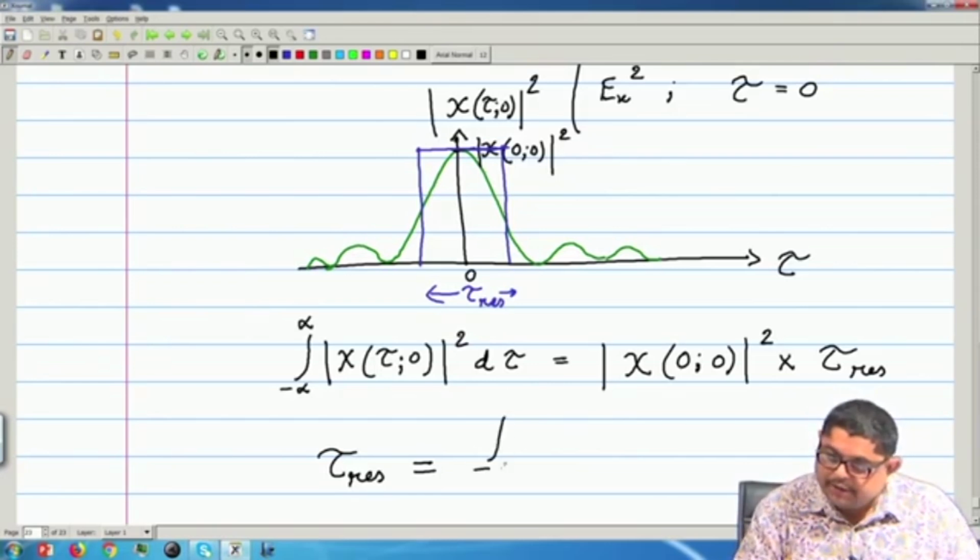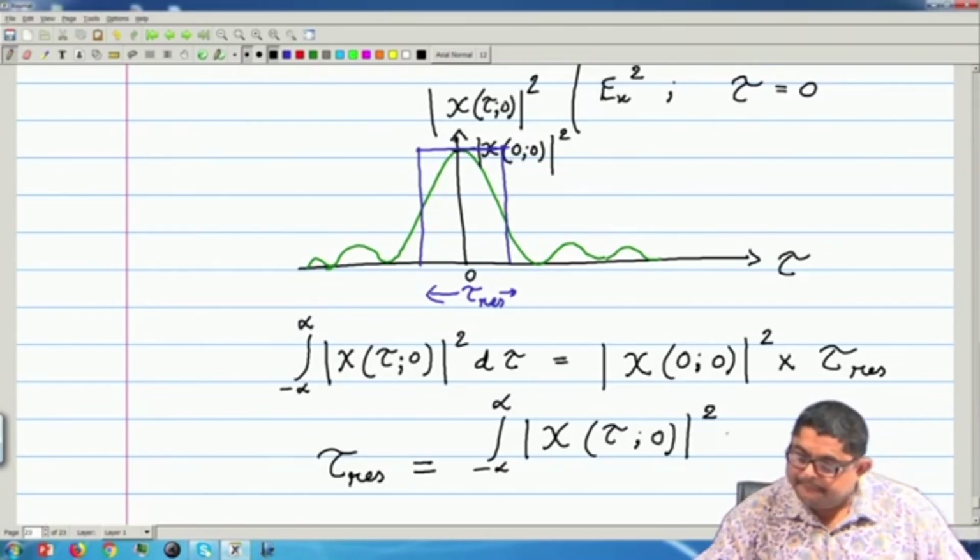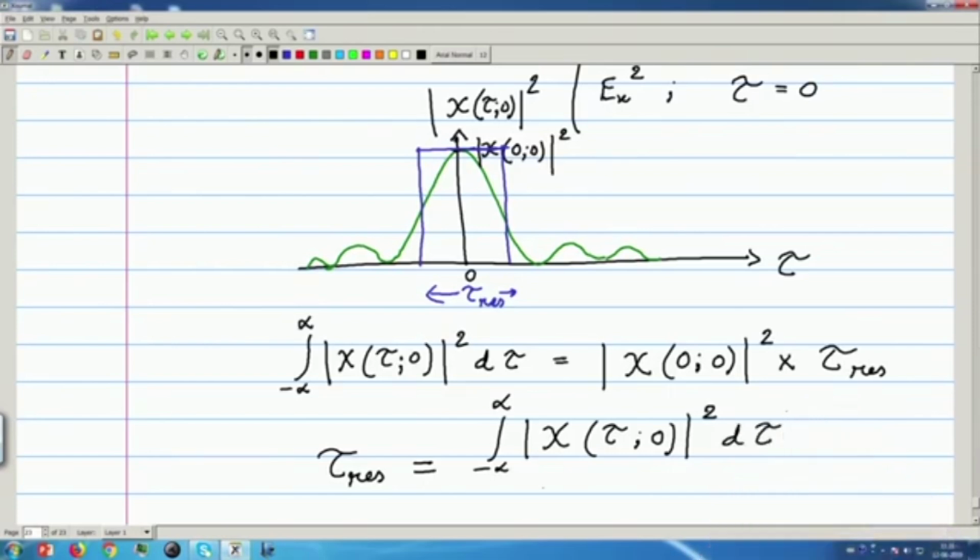So, it is nothing but this simple expression. I can give this, if I continue the equation number, as equation 49. It is an important thing.